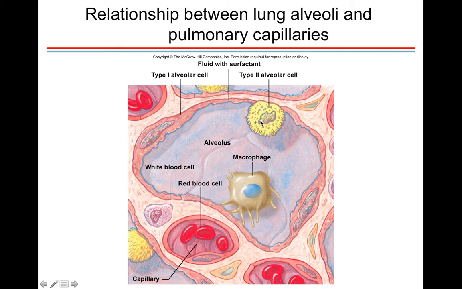And the surfactant in the alveoli helps them to expand and contract, and it prevents the inside of an alveolus from sticking to the other side of it. So it's like a lubricant.